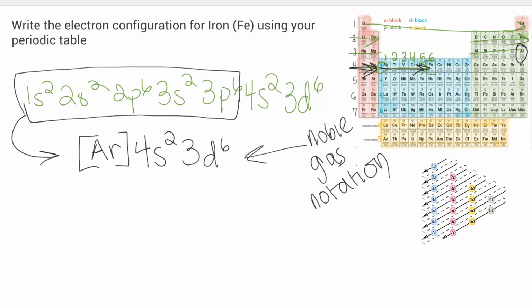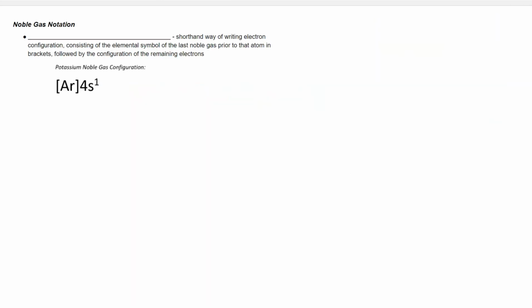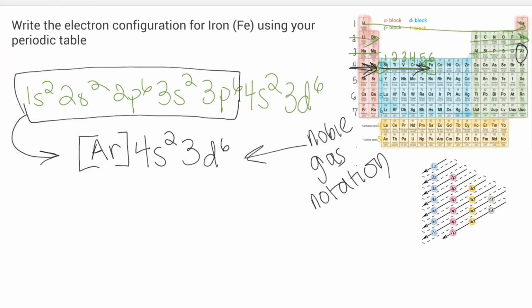All right, let's fill in our notes. So this first blank, or actually the only blank, is just noble gas notation. And so we can shorten potassium's electron configuration, which we've written out before.